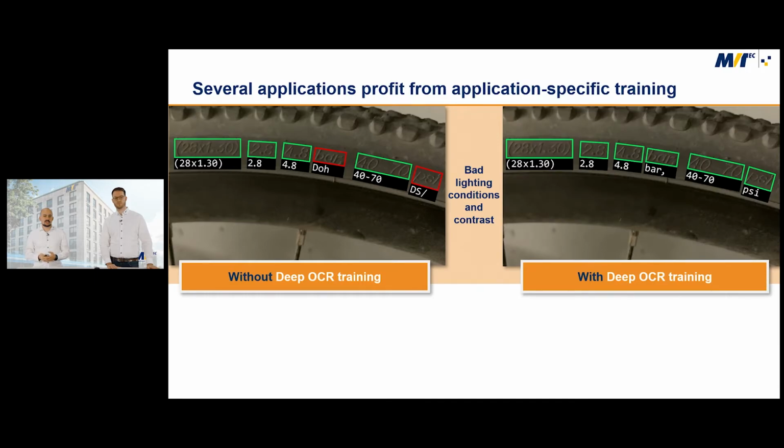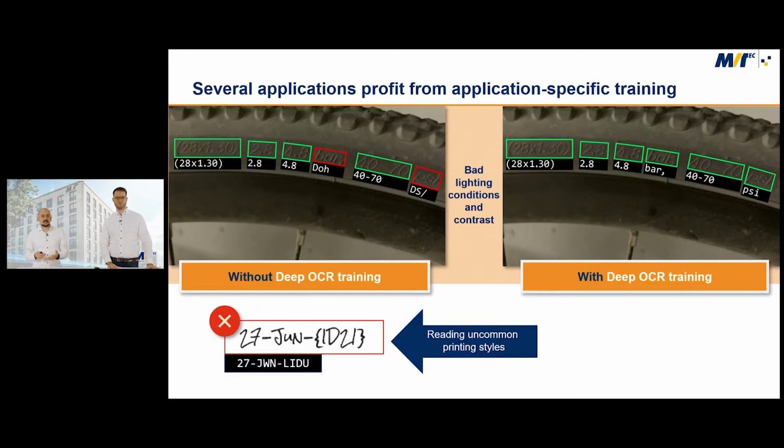So as I mentioned, reading text on a tire is one example showing the problem of bad lighting or conditions or contrasts. And another example is what we will have in our standard examples of HDevelop, a reading of a very uncommon printing style, like this printing style is not really included in our standard Deep OCR model.